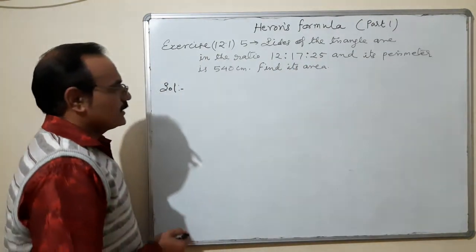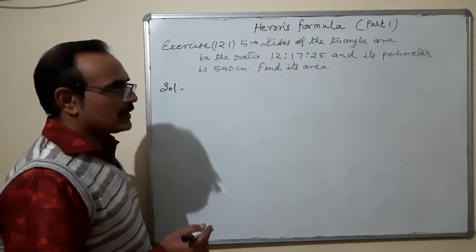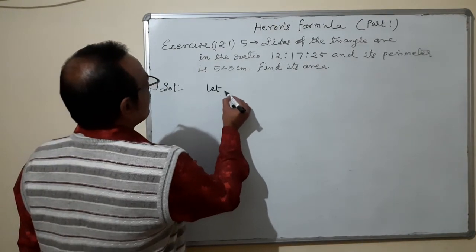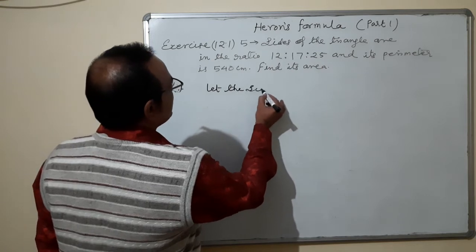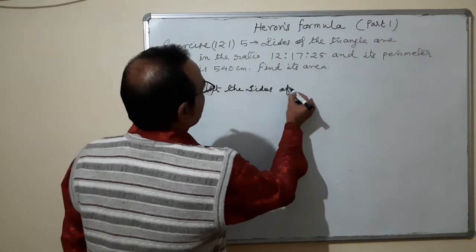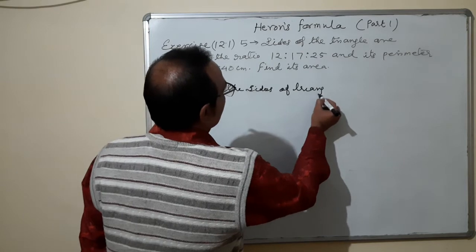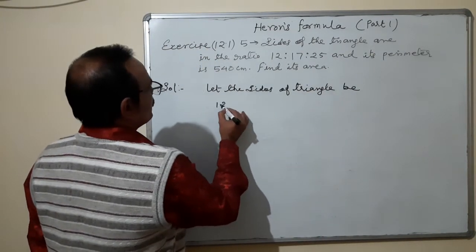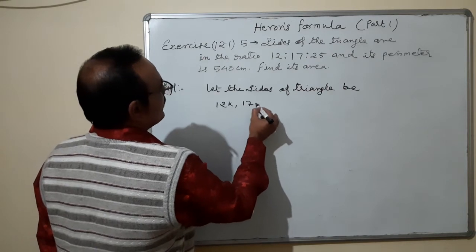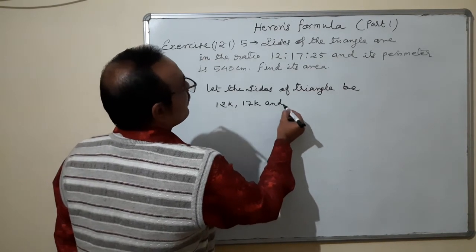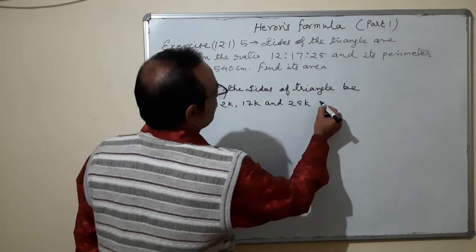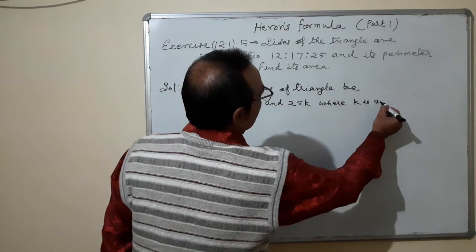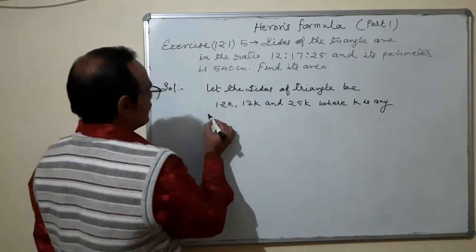So we'll consider let the sides of the triangle be 12k, 17k, and 25k, where k is any scalar quantity.